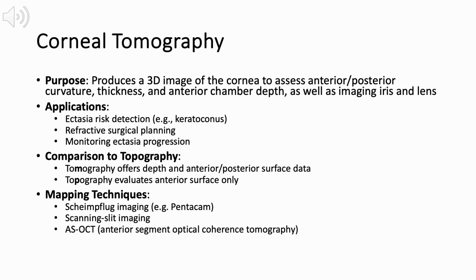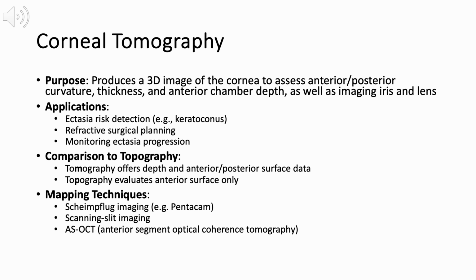Its key clinical applications include detecting the risk of ectasia, such as in keratoconus, planning refractive surgeries, and monitoring ectatic disease progression over time. Compared to corneal topography, which only evaluates the anterior corneal surface, tomography provides data on both anterior and posterior surfaces, along with depth information, giving it a distinct advantage for early detection of subtle abnormalities.